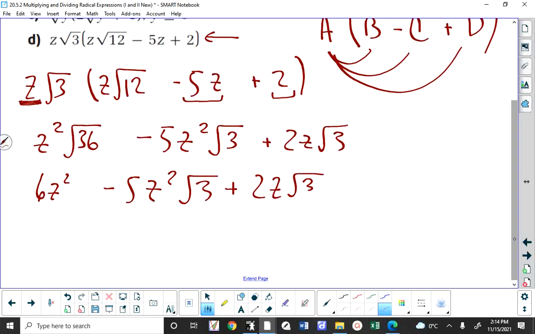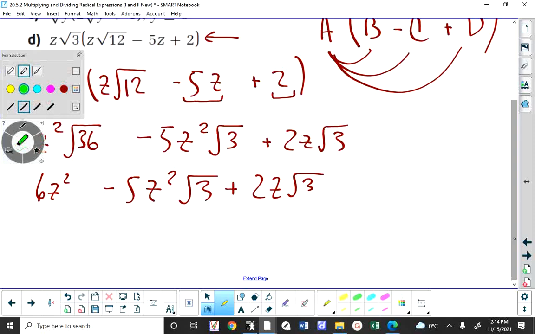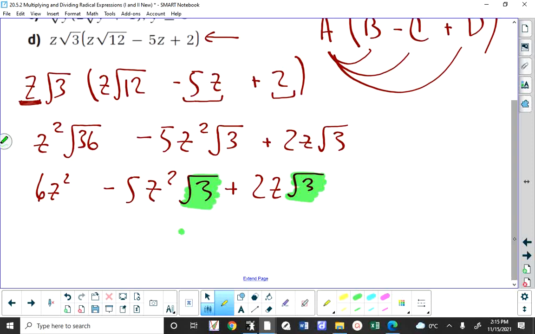And the reason is, this is a little bit screwy to think about, but those two terms at the end are multiples of root 3. It's not as simple as saying I have 12 root 3 and another 7 root 3. I can't just add 12 and 7. That's pretty easy. But here, it's pretty complicated.